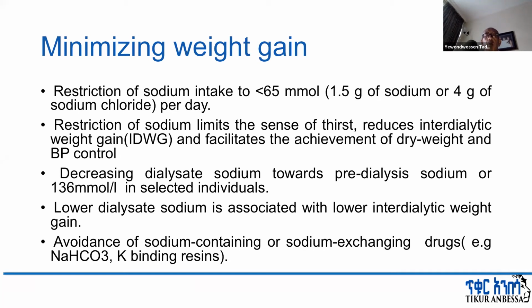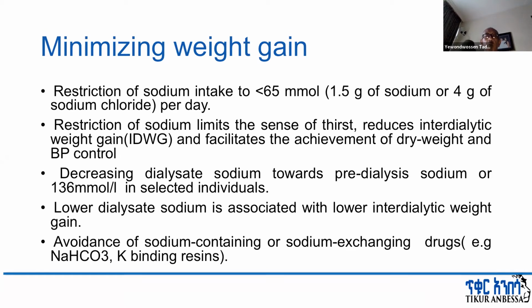We should be able to decrease the dialysate sodium in the patient towards pre-dialysis sodium, or to a fixed number like 136 in patients who can tolerate that. When you use higher sodium, blood pressure tends to be stable. We avoid intradialytic hypotension and so on. But that creates a vicious cycle whereby there is increased weight gain.